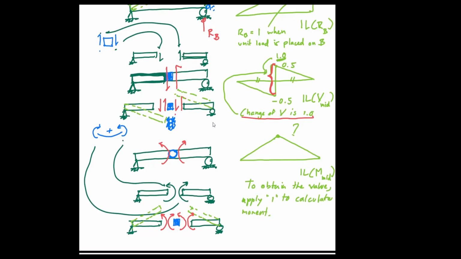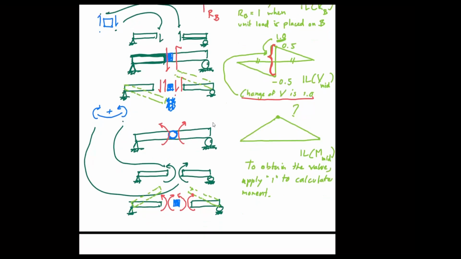Remember, this is the influence line of the moment at midspan. You can apply the unit load anywhere you like, but you need to calculate the moment at midspan. The easiest way for me is just to apply the unit load at midspan and calculate moment at midspan.